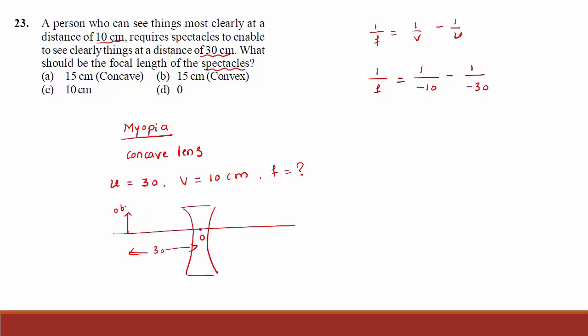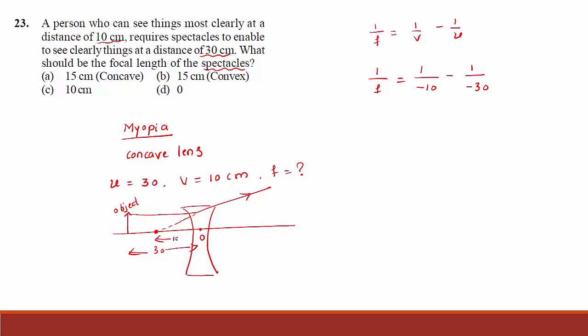Because of using this concave lens, this object appears to be at 10 centimeter. Here, when a ray of light falls on this concave lens, there is no converging but diverging of light taking place. And this ray of light appears to be coming from this direction. So now here we can get the image. So this image is formed at 10 centimeter from this optic center.